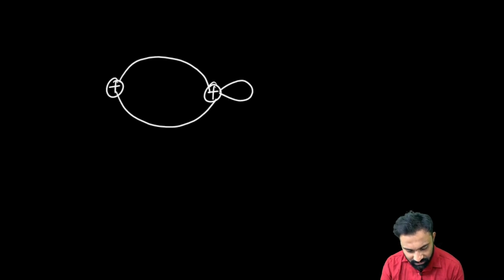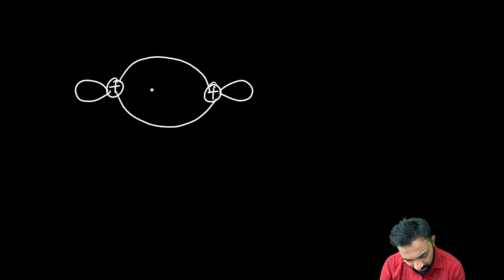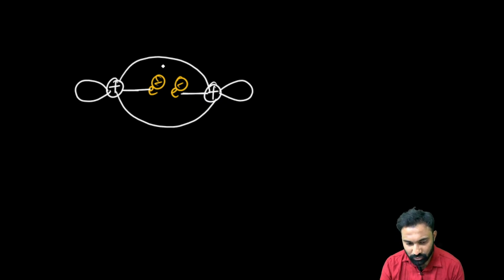This is the shape of the sigma bond. You can see the electrons are in between, one electron here and one electron here. Electrons nearer to the nucleus means strong attraction. You may get a doubt, sir, how come these electrons are so near that they can repel?